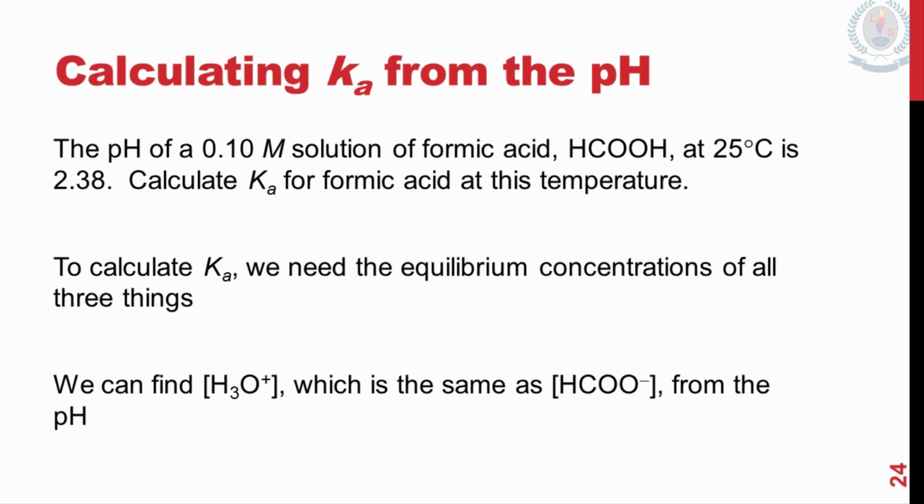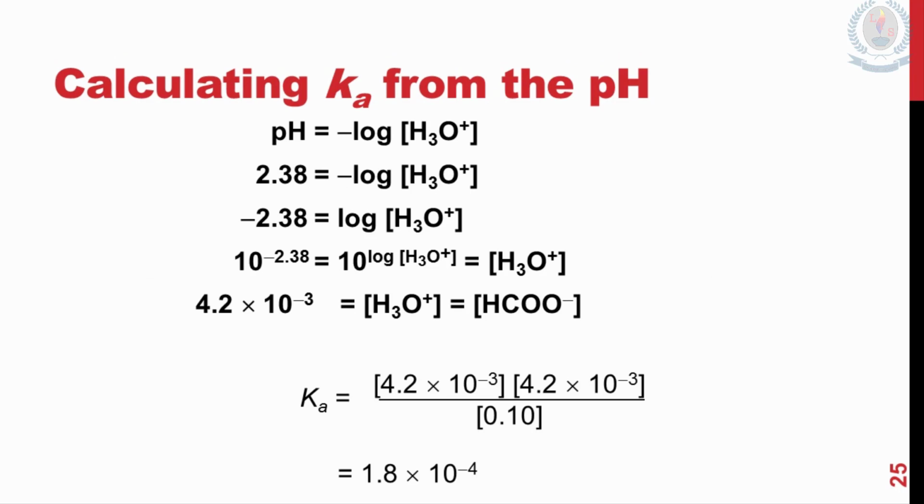We can find the concentration of H3O+, which is the same as formate, from the pH. So this is the calculation. From that we can substitute the concentrations into the Ka expression and get the value for Ka. That's all about how to calculate Ka from a pH.